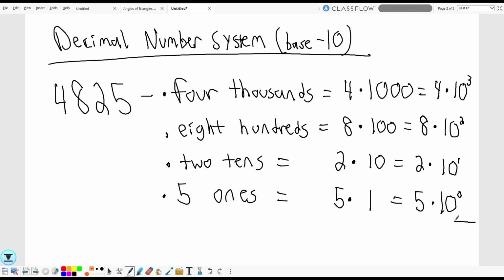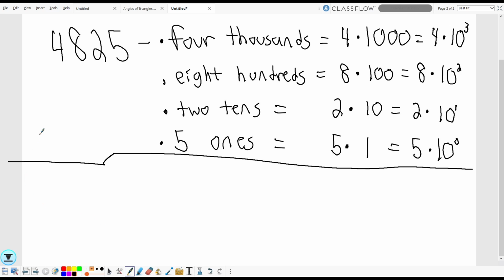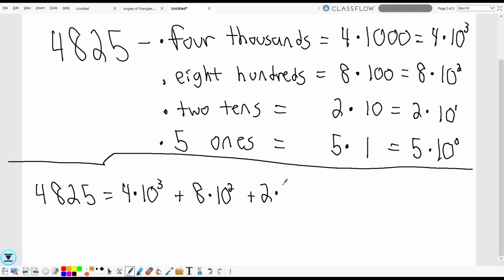So let me see if I can write this out. So this number, 4,825, is equal to 4 times 10 to the 3rd power, plus 8 times 10 to the 2nd power, plus 2 times 10 to the 1st power, plus 5 times 10 to the 0th power.